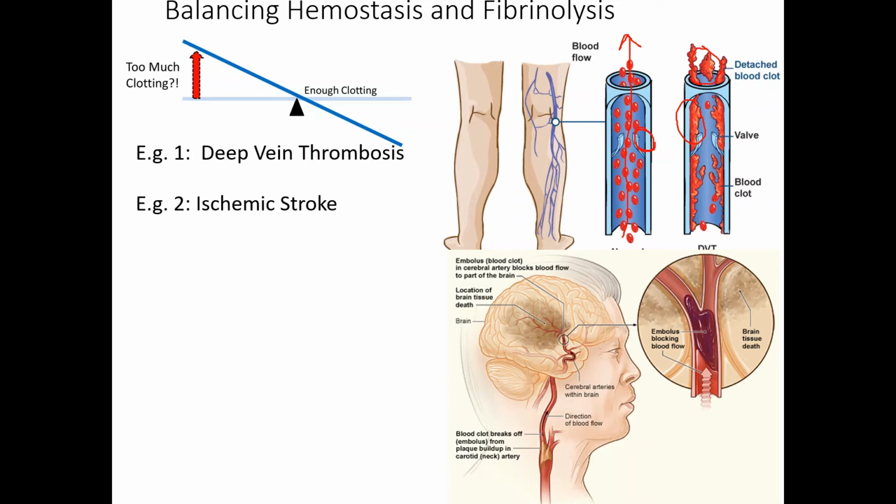And essentially when these clot fragments get to these smaller vessels, they can become lodged in those vessels, and ultimately blood flow is reduced or even stopped entirely. And so that's a problem, because anything downstream of that clot is not going to be fed with blood, and therefore the tissue can die. And so this is called an ischemic stroke in this particular example.